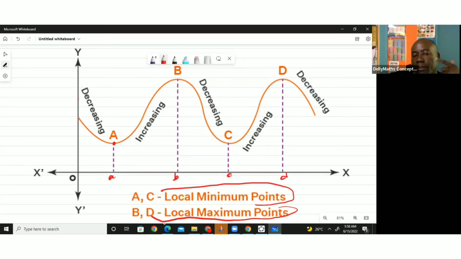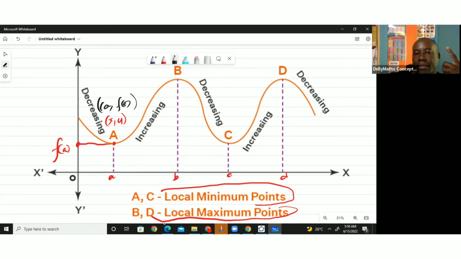So for the coordinate, I would have to evaluate f of small a to get this y value here. This point, this x and this y, would come about by evaluating that a in the function to get the y value that matches with that a. So the coordinate would be that a value and the f of a that I would have evaluated here.